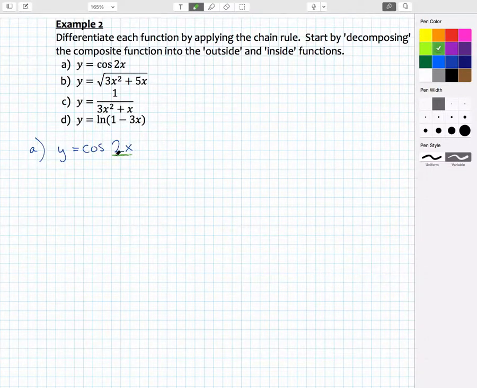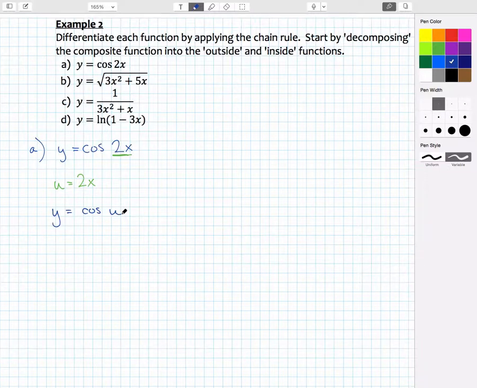So let's just go ahead. I'm going to undo that. So let's call u 2x. And then once we've made that substitution, y simply becomes y equals cosine of u.